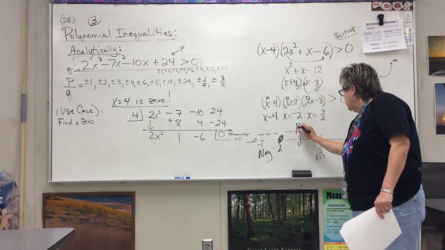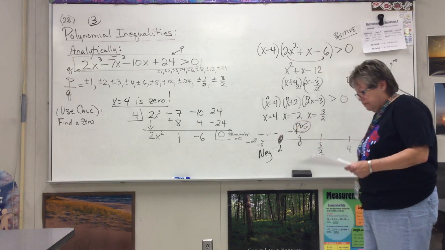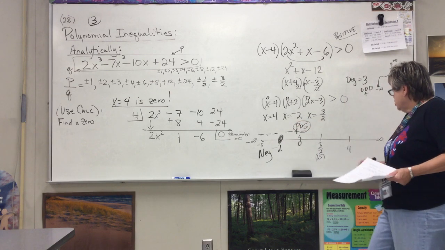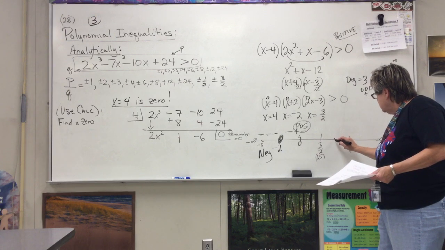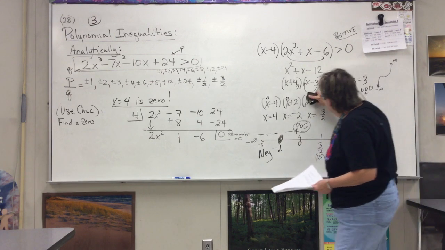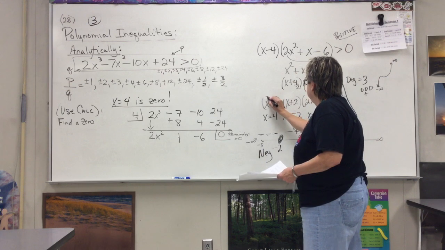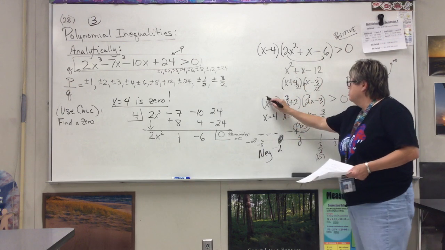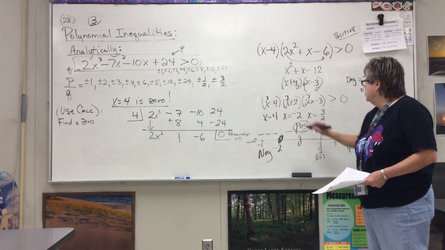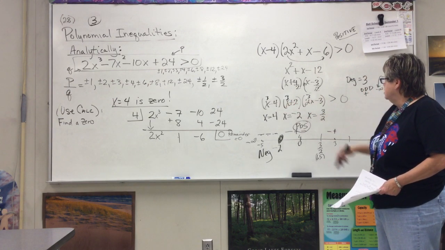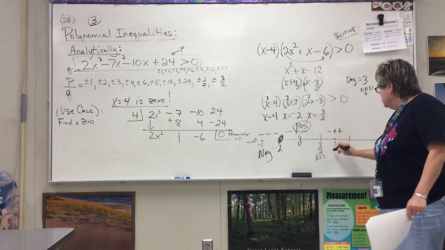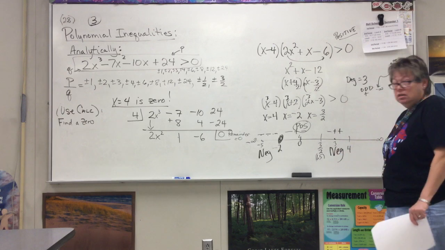So in this section, we're positive. Next section, from 1.5 to 4. Maybe a 3. 3 minus 4 is negative, 3 plus 2 is positive, 6 minus 3 is positive. So in this zone, we are negative.